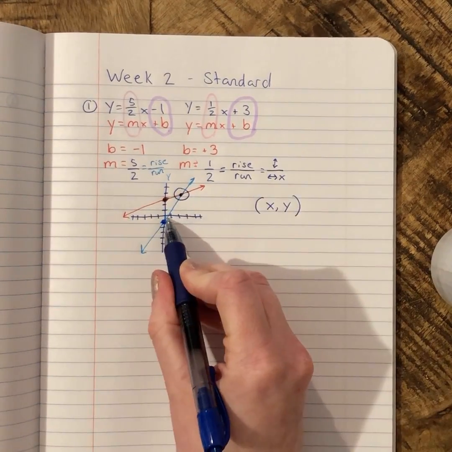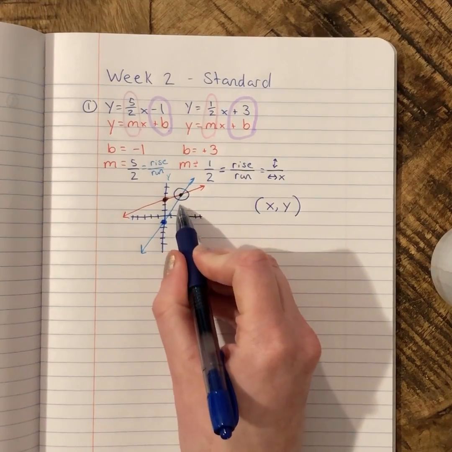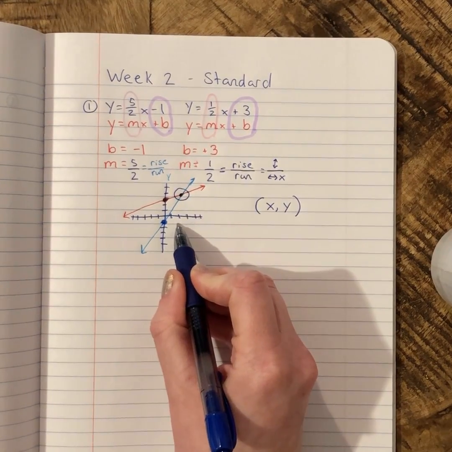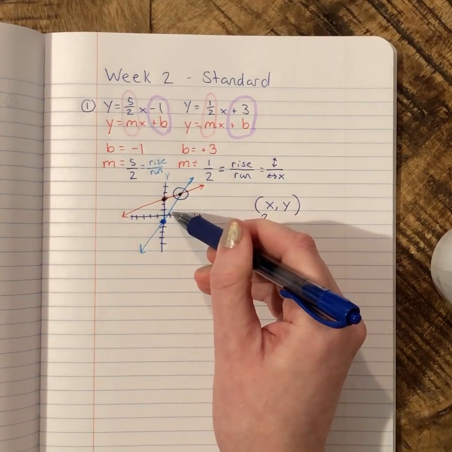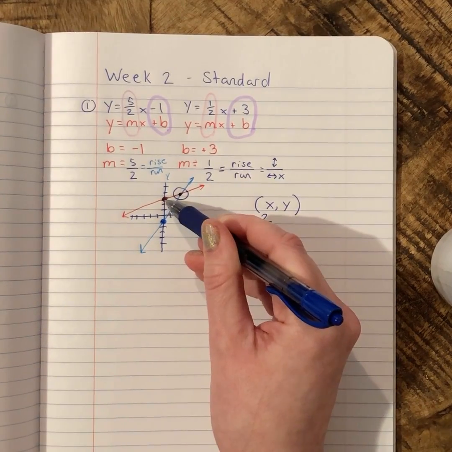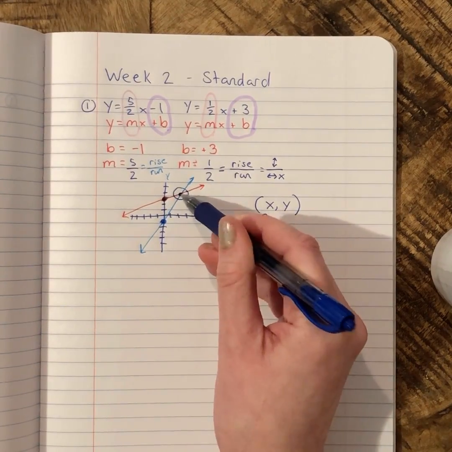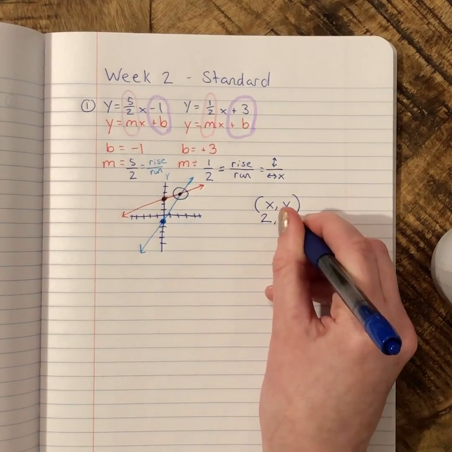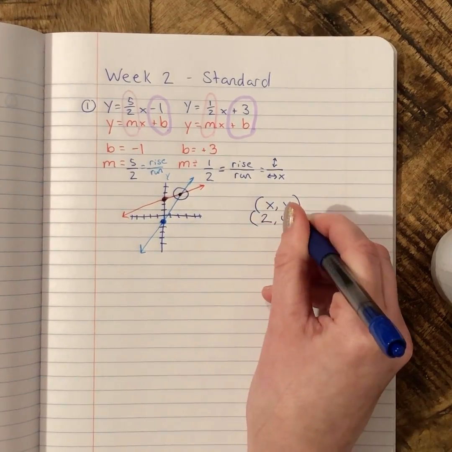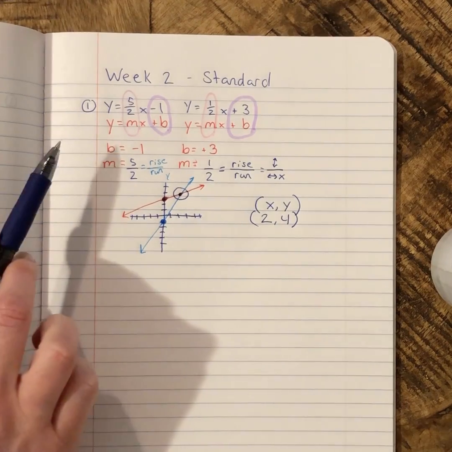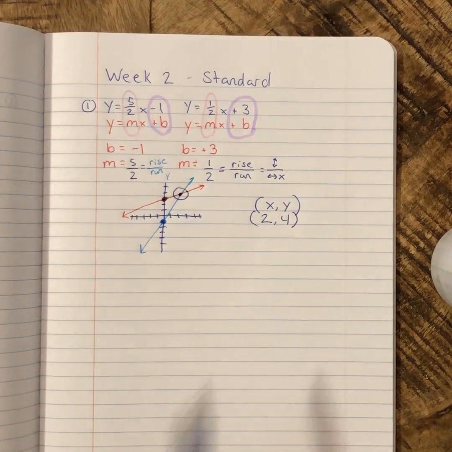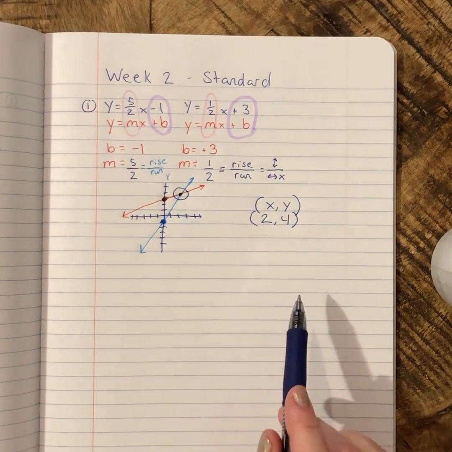And that point is at, my x value is positive 2. And my y value would be positive 1, 2, 3, positive 4. So you can see that the solution to number 1 in our week 2 packet is 2, 4.